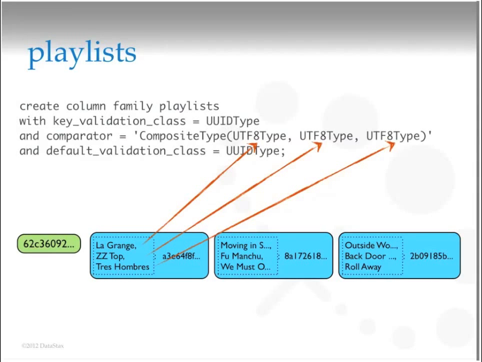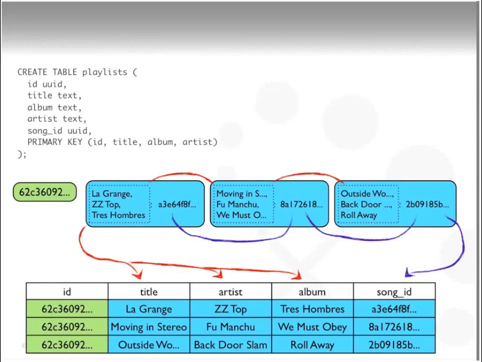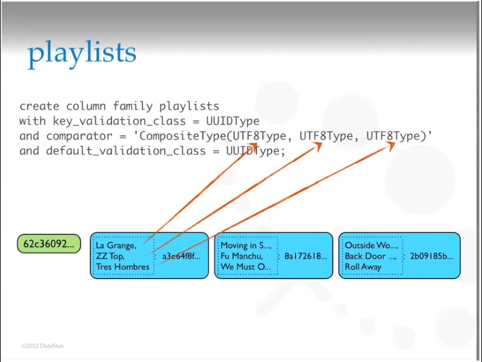If I already have this column family defined, I can go in CQL and say select star from playlist, and Cassandra will assign column names to those different composite components. So you'll get it back with column 1, column 2, and column 3 instead of artist, title, and album.